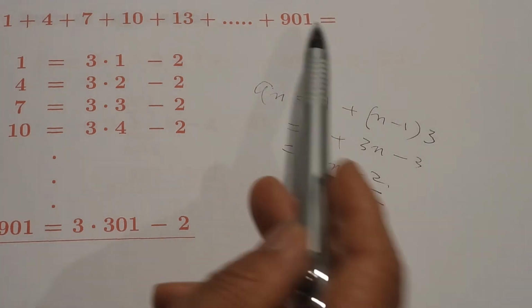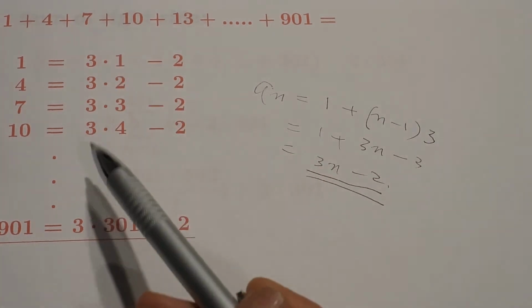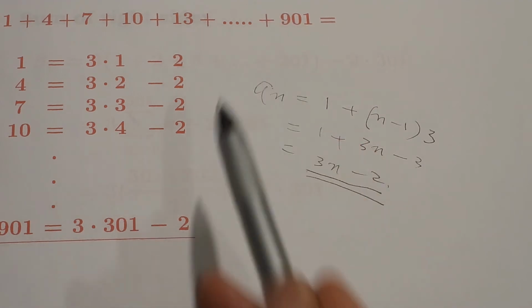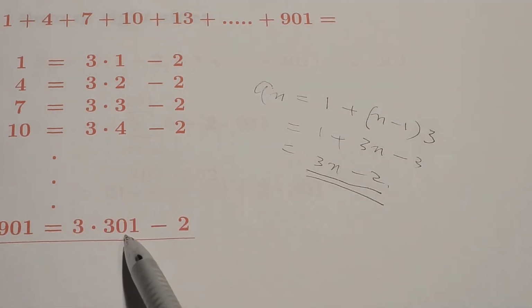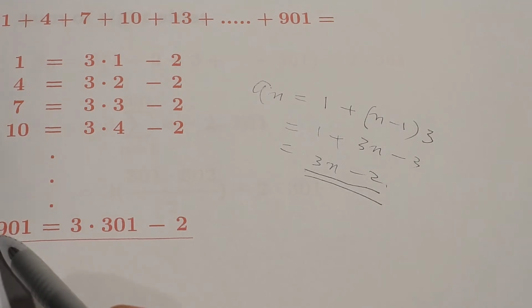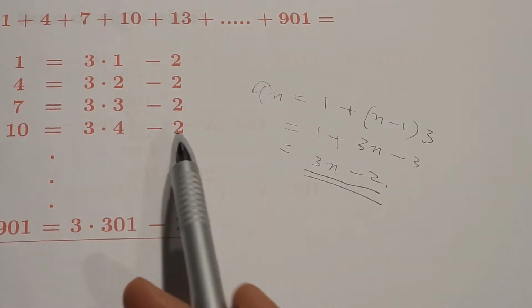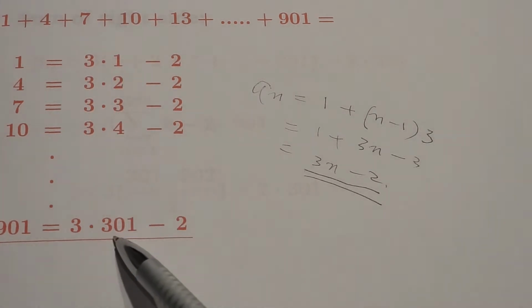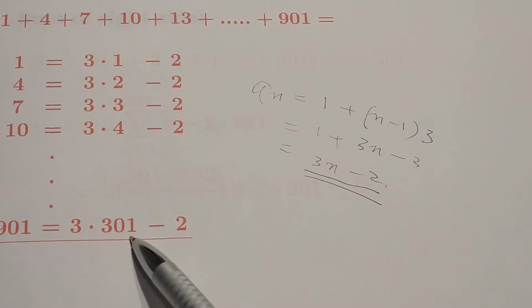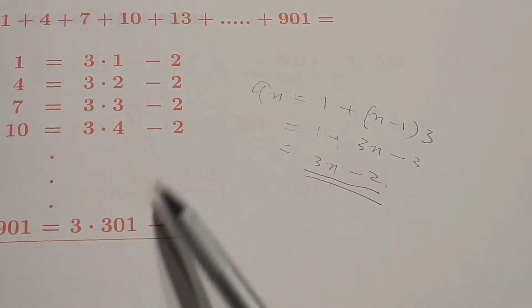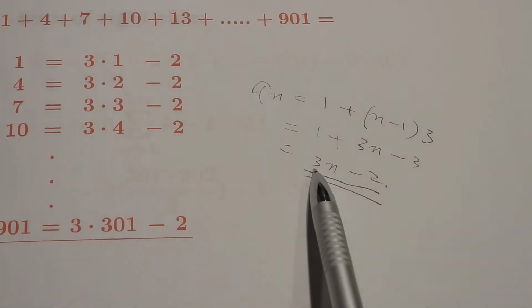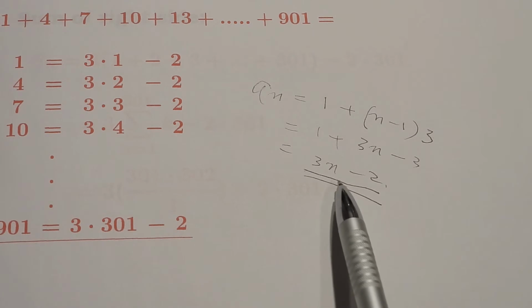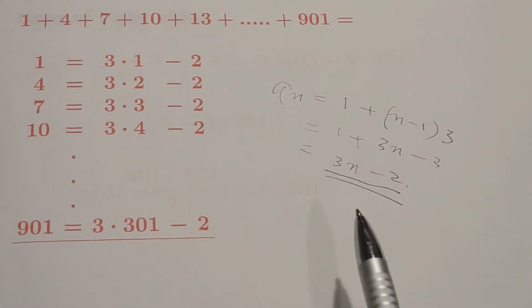So if you rewrite this one again, you can see how you get 901, the last value. 3 times 301 minus 2 makes 901, which means this was the first term, this was the second term, this was the third term, and this one is 301. Okay? There are 301 terms. So we have here 3n minus 2, which is the nth term.